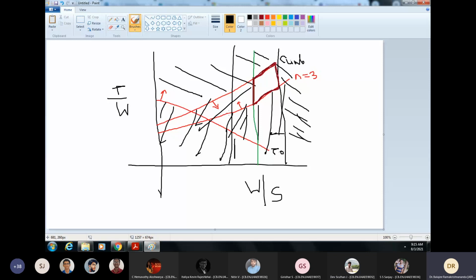Now it is in conflict. If you want wing loading as high as possible, you have to take this point, correct? If you want to take T by W as low as possible, you have to take this point. So you make a compromise. Based on your judgment, you determine which of these is very important for you. The green one is not important, okay? But suppose the red one is important for you, it should be nearer to the red one.